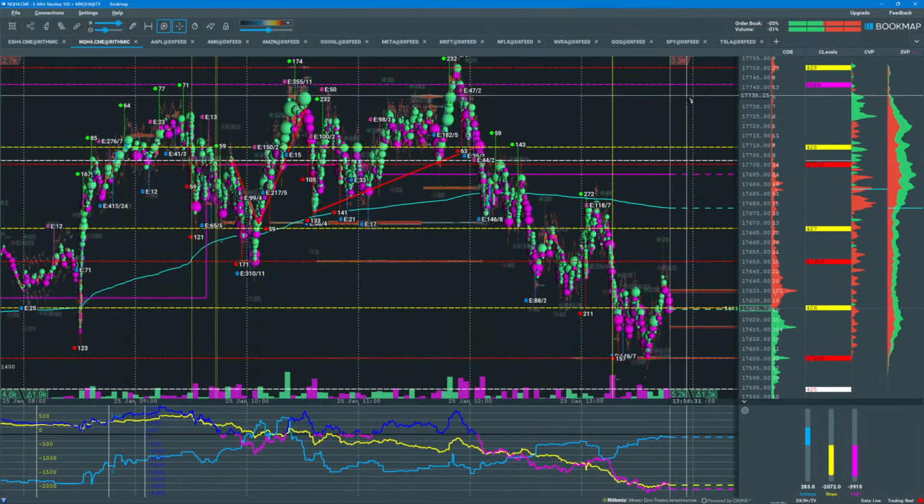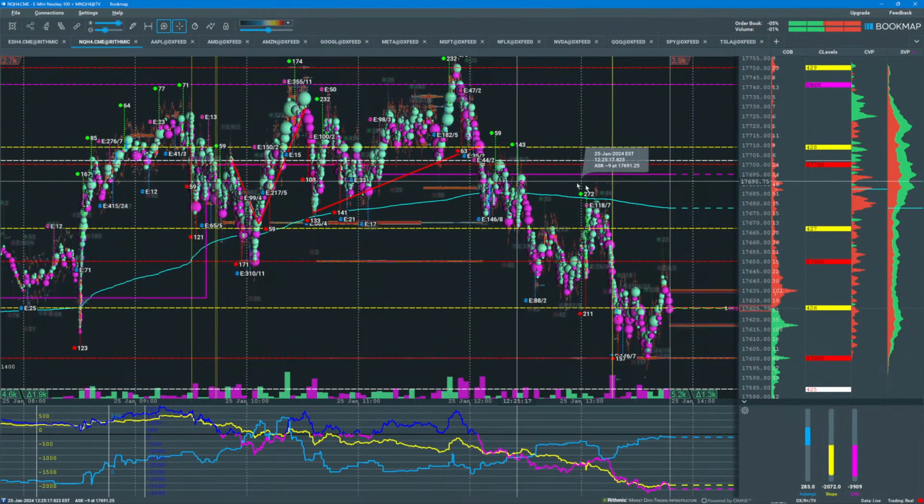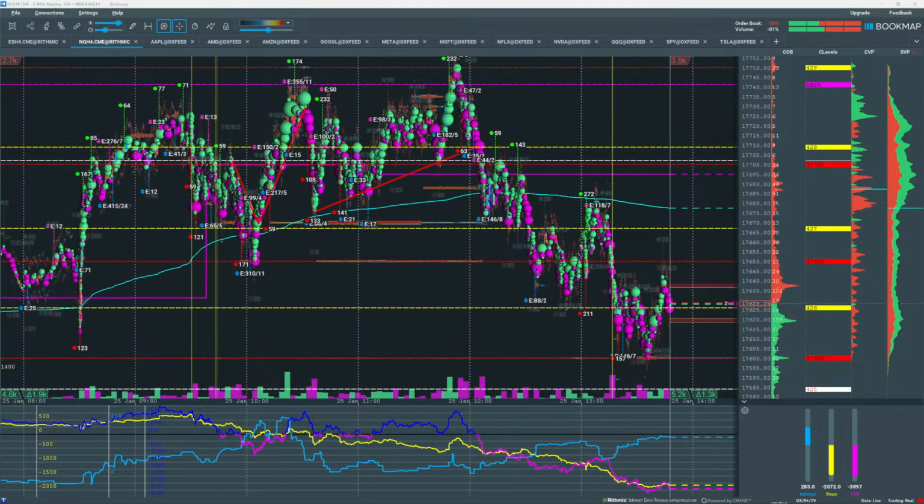All right, let's get back to Bookmap now. So again, I have my own cloud notes in Bookmap. There's the QQQ 429 level that also lines up with NQ 17,750 acting as resistance.